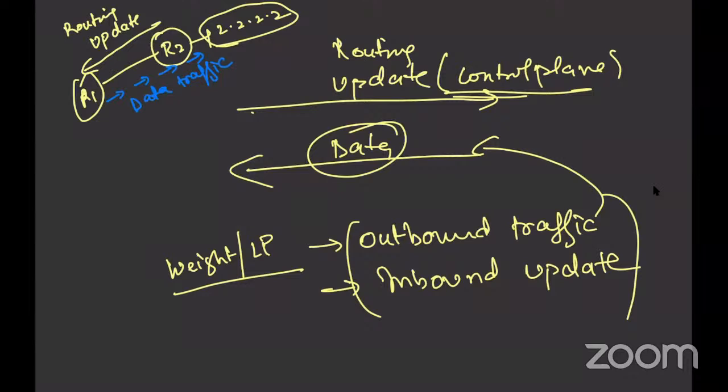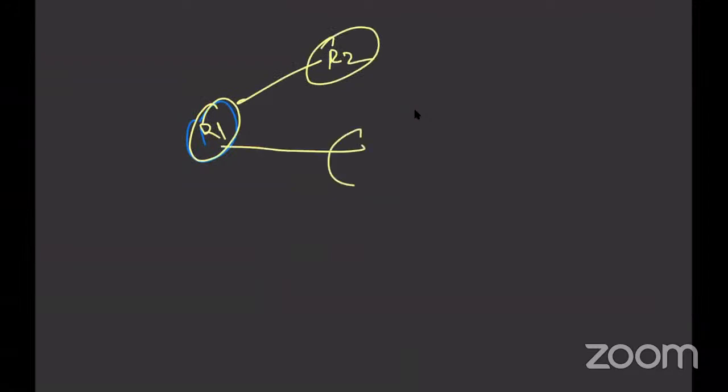Sir, suppose R2 is an ISP router, and I want to manipulate my incoming traffic. It is coming from different AS paths. Suppose we have R2 and another one, R3, from R1.